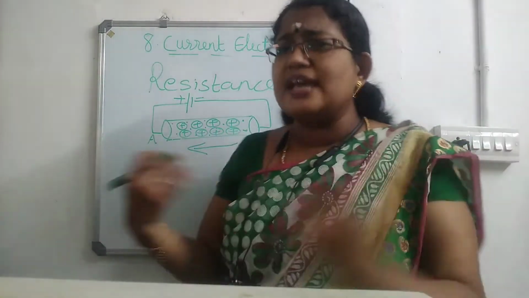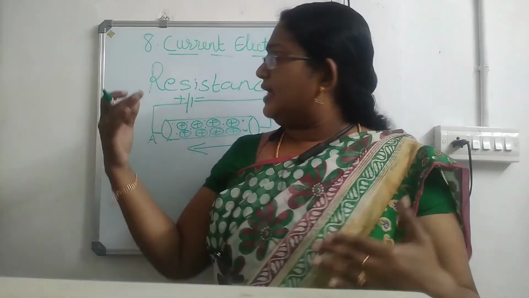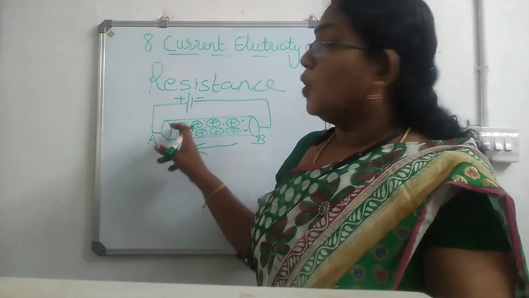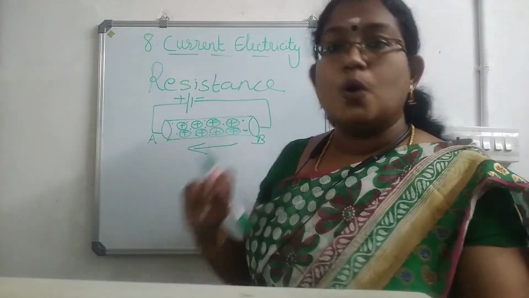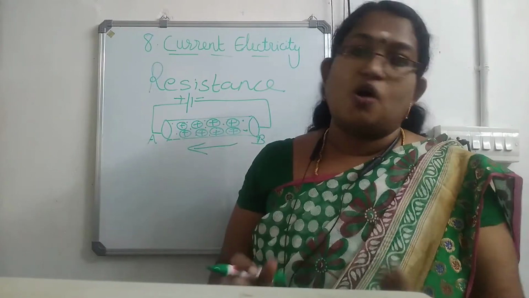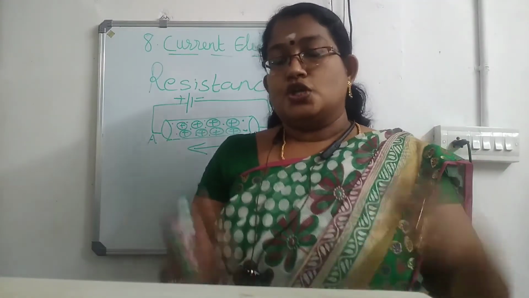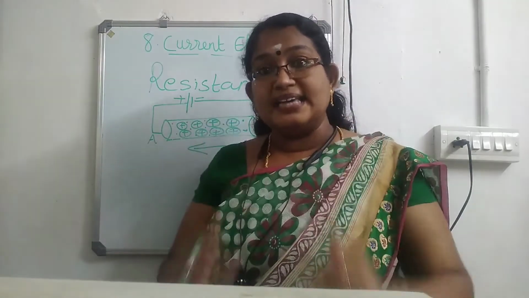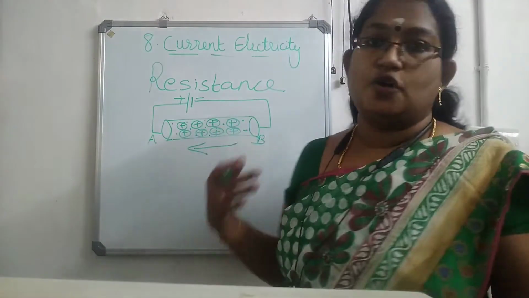They can't easily flow. They will hit the positive ions as well as the walls of the container. And this is the actual cause of resistance. Already I told you, resistance is the obstruction offered by the conductor to the flow of current.